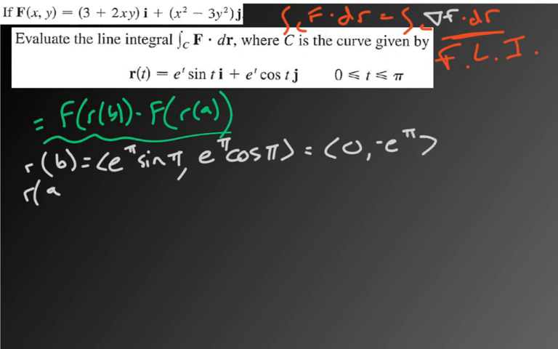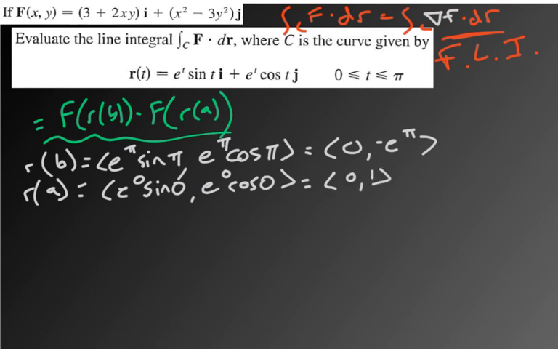And then r of a would equal, let's see, e to the 0 sine 0, e to the 0 cosine 0, which is going to equal just 0 and 1, which is nice. And so then I just have to do f of 0, minus e to the pi, and then minus f of 0, 1, okay?